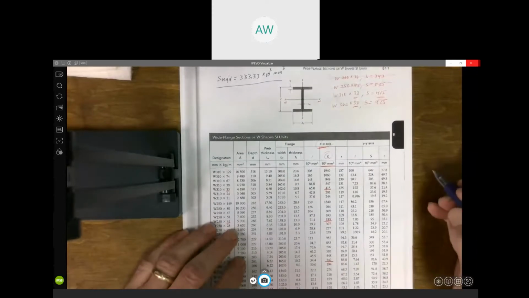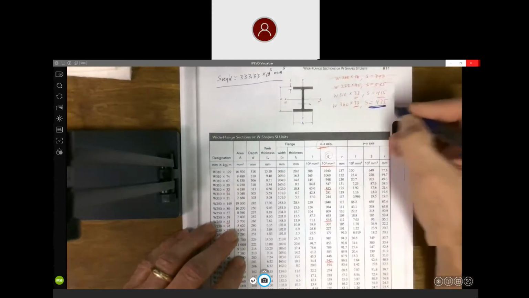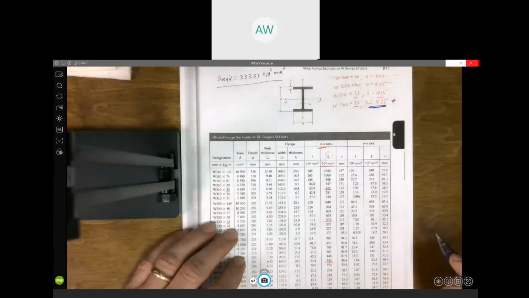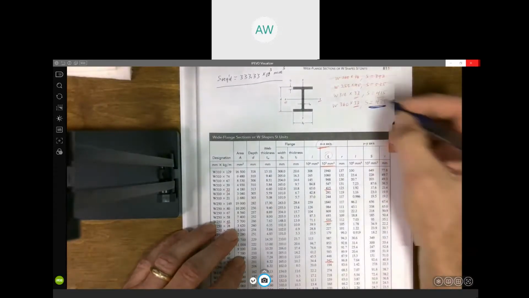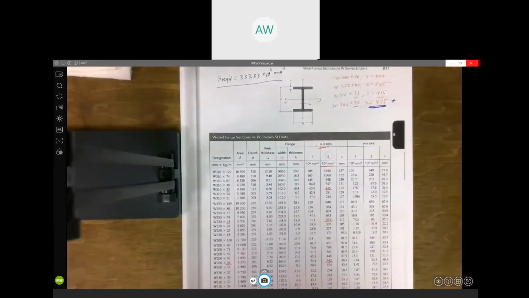Choose the one with S equals 475. Right. That's the best choice. They weigh the same. This one's stronger. So why would you not want a stronger beam for the same amount of money? Right? So that's why we want to choose this W360 by 33.